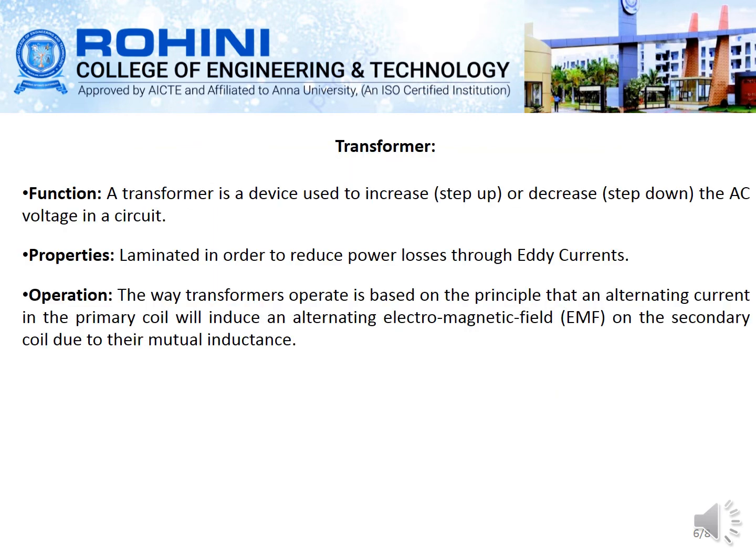The transformer's purpose is mainly to step up or step down the AC voltage in the circuit, and its core is laminated to reduce the power losses produced by eddy currents. From the transformer, the input voltage we get contains ripple factors and is not a proper current.